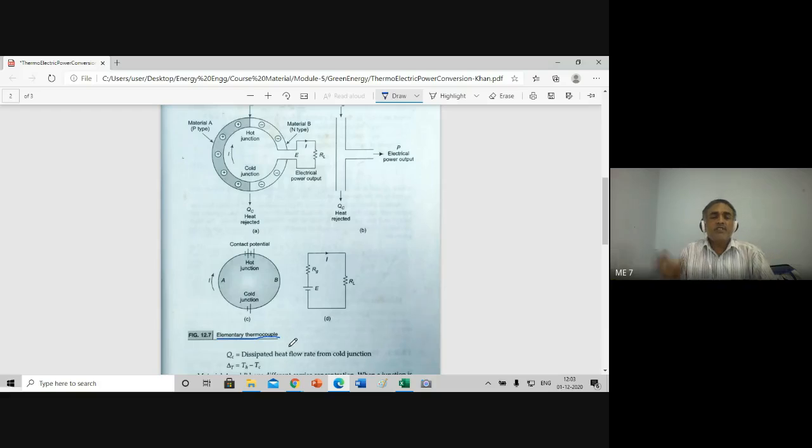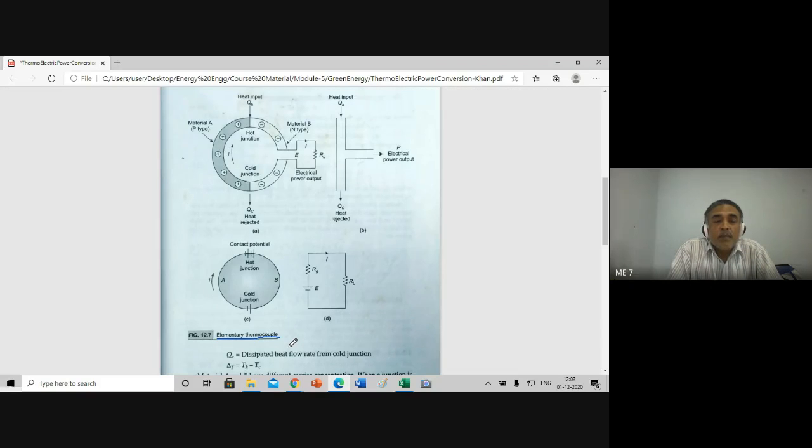You know this one already. We have used the actual thermocouple itself in the energy lab, materials and metallurgy lab, heat transfer lab, and fluid mechanics lab. The science behind that thermocouple you were exposed to long back.